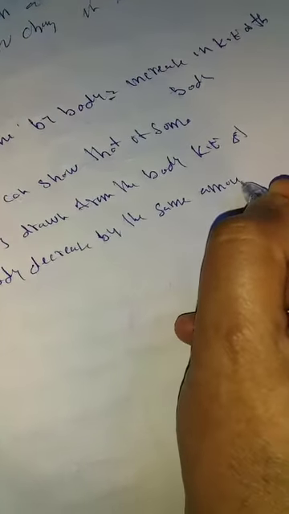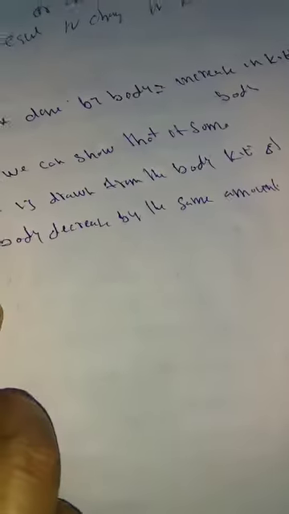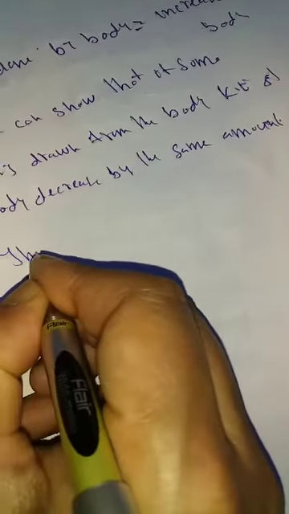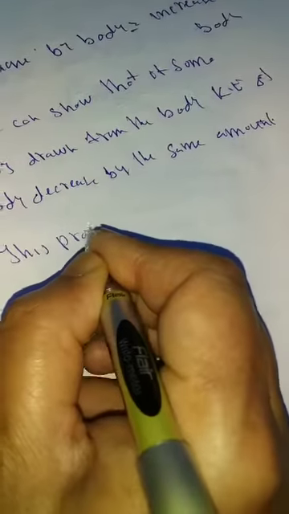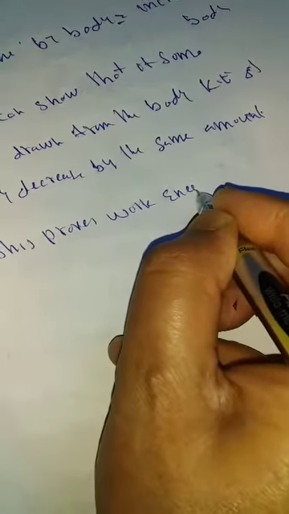This proves the work energy theorem or work energy principle. That means total work done is equal to the change in kinetic energy. This proves the work energy theorem. It's simple, isn't it?